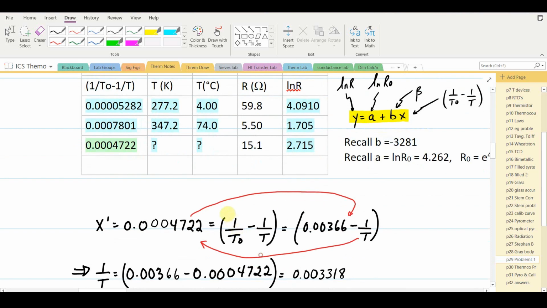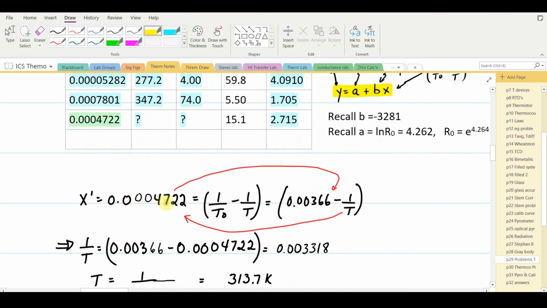So let's write it out here. X prime is 0.04722. That's equal to 1 over T sub 0 minus 1 over T. Now 1 over T sub 0, 1 over 273.2, is 0.00366. And now it's just a matter of carefully rearranging terms. I'm bringing 0.04722 to the right. I'm bringing the negative 1 over T to the left to make it positive.